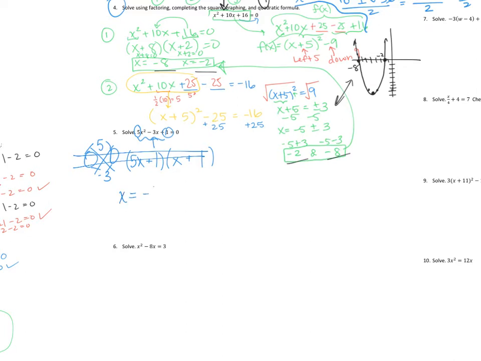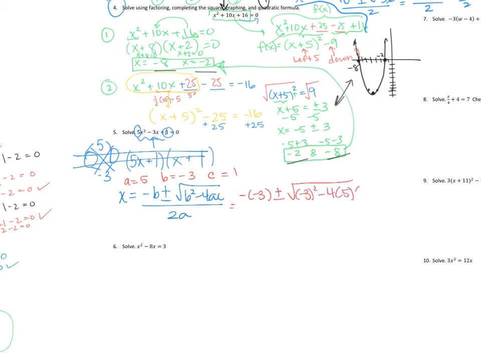x equals negative b plus or minus the square root of b squared minus 4ac, all over 2a. So here my a is 5, my b is negative 3, and my c is positive 1. So I'm going to get negative negative 3 plus or minus the square root. We're going to take negative 3 and square it, minus 4 times 5 times 1, and this is all over 2 times the 5.